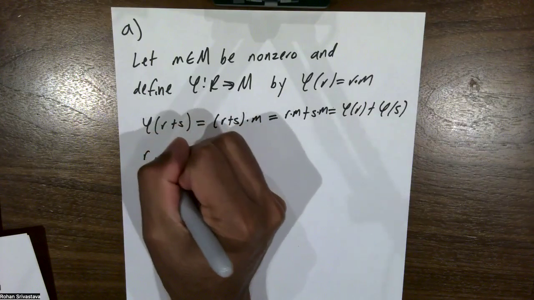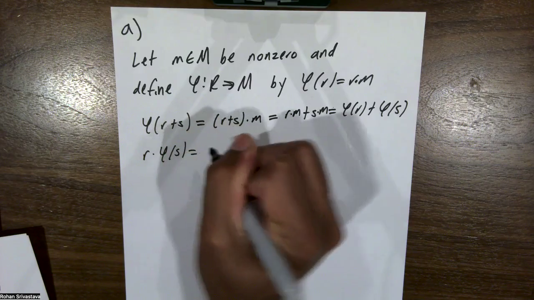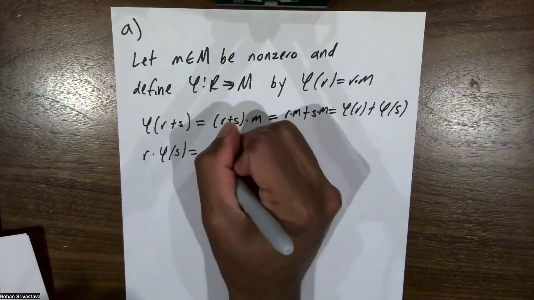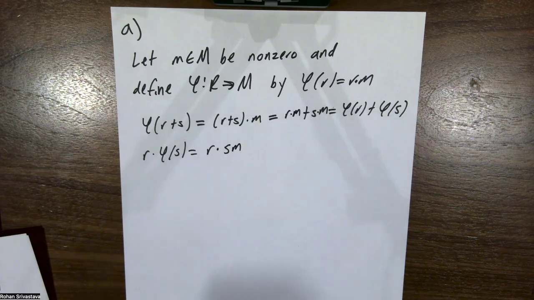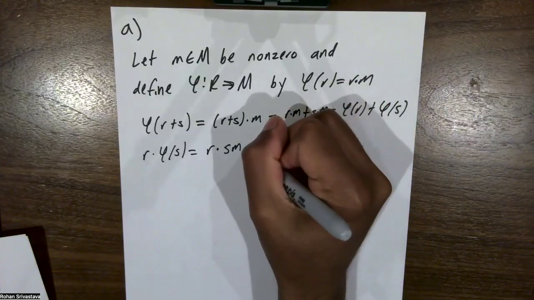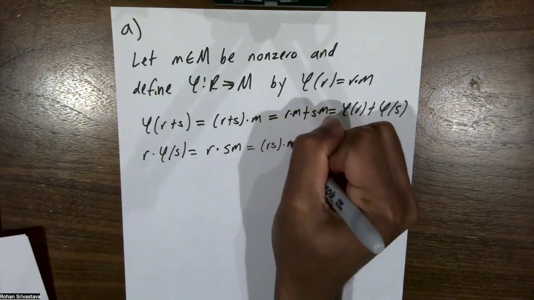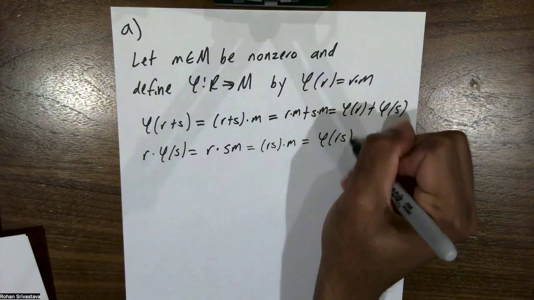And then r acting on phi of s is equal to r acting on sm, which again by the module axioms is rs acting on m, which is phi of rs.